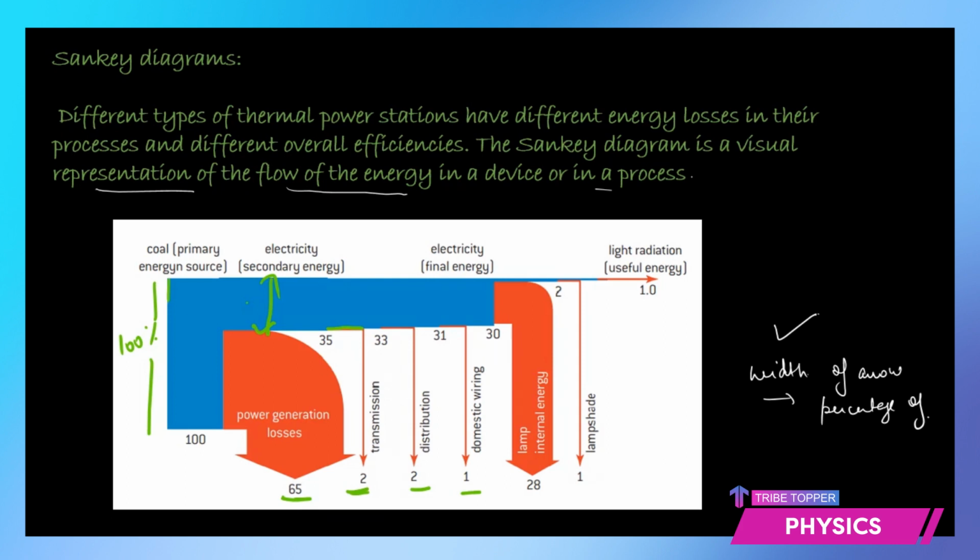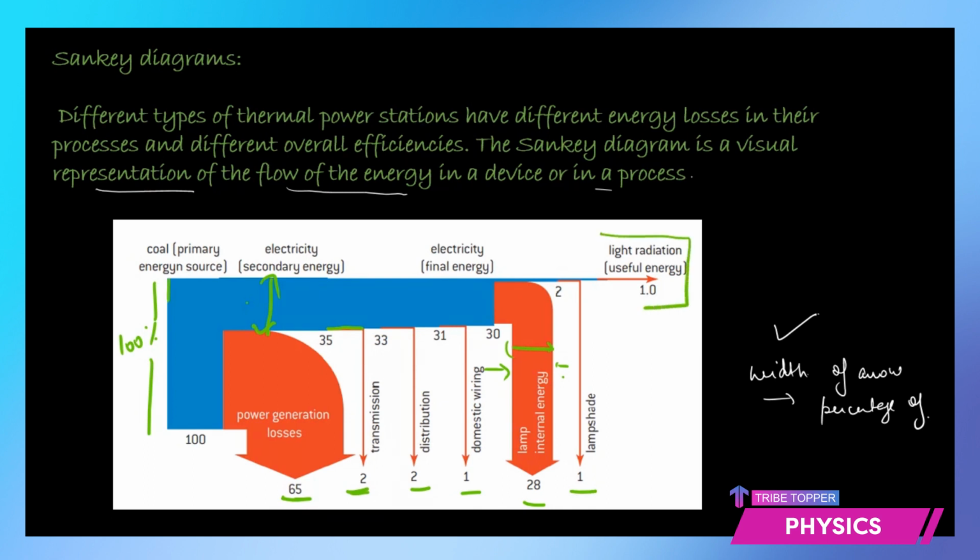And then you have 28% lost in the lamp's internal energy. So 28% is again a bigger amount, so that has a wider arrow, but the width of this arrow is less than the power loss because that was 65%. And in the end, just 1% is lost in the lampshade.